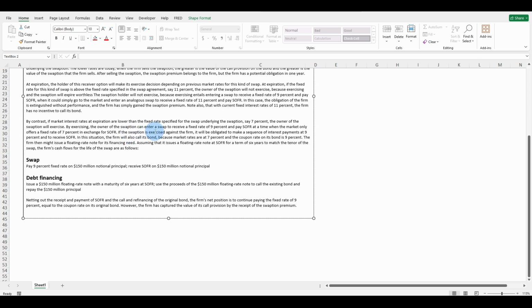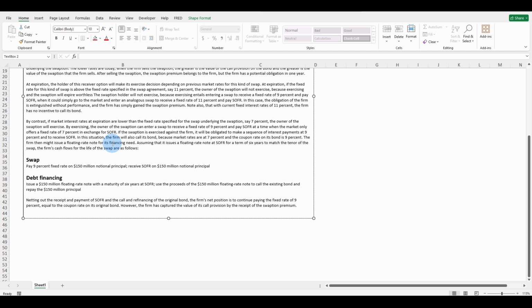If the swaption is exercised against the firm, it will be obligated to make a sequence of interest payments at 9% and to receive SOFR. In this situation, the firm will also call its bond because market rates are at 7% and the coupon rate on its bond is 9%. The firm then might issue a floating rate note for its financing needs.